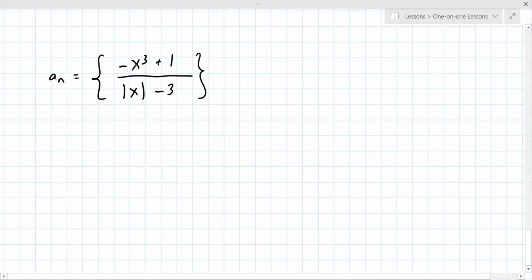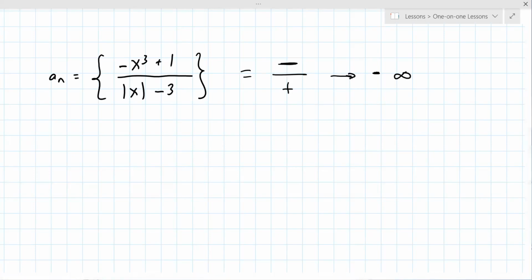So this one up top here, it's always a negative number, because you cube something, but then you negate it, add 1 to it, it's always negative. This one at the bottom is always positive. So this one actually goes to negative infinity because of that. Right. Okay, that makes sense. So you've got to just be careful about your signs.